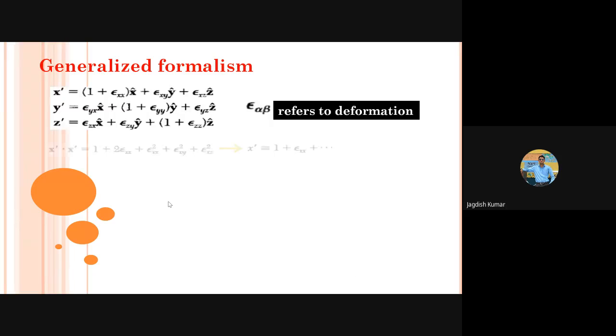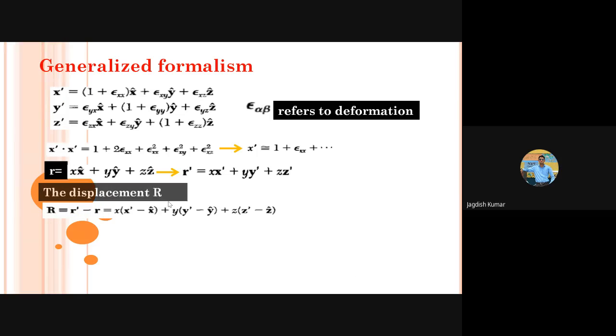Now, suppose this is that point in unstrained crystal. Now, because of strain produced, this point will be shifted with respect to its original location, and then that point can be defined in terms of new vectors like this. What we are assuming is that the fractional coordinates of that point in the new coordinate system remain the same.